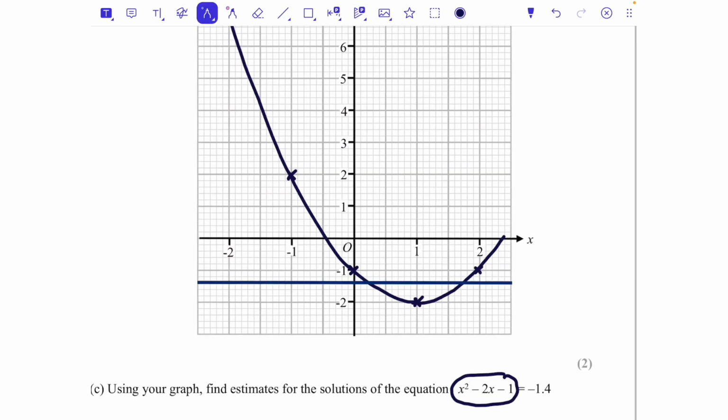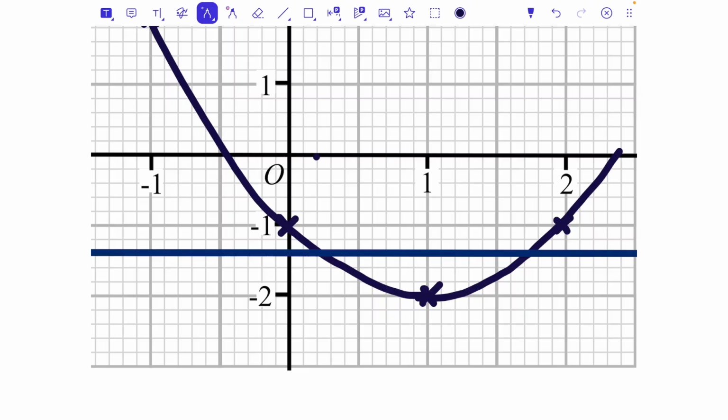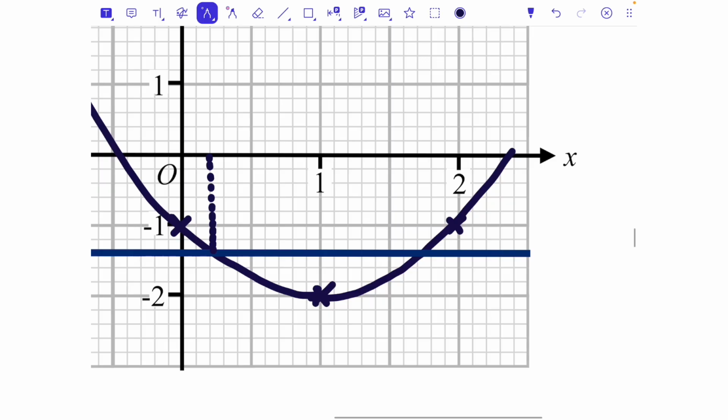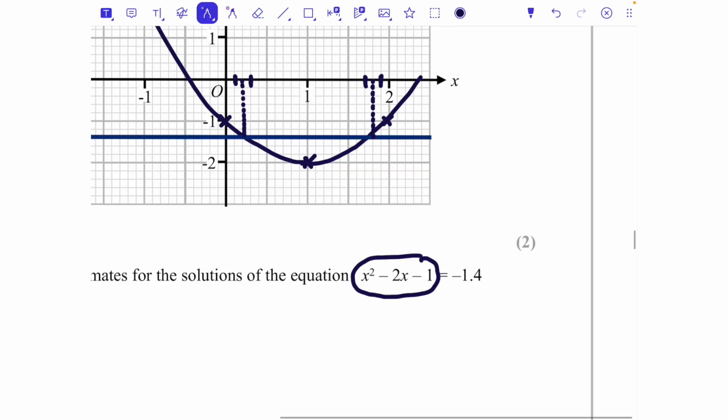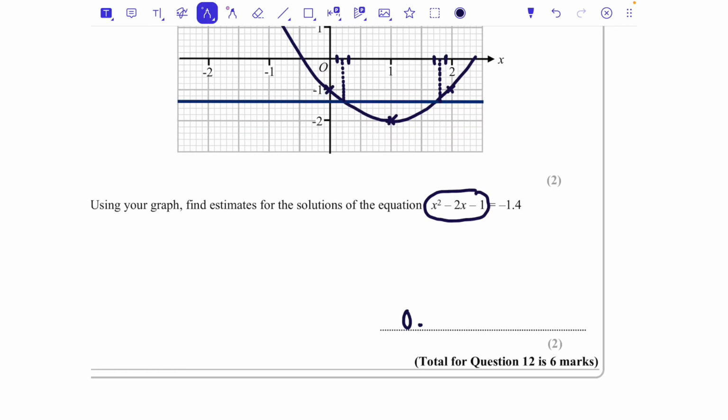And then we just need to look and see where that crosses the x-axis. So I've got there, and I've got there. Now I think for this I would accept a small range, let's say from 0.1 to 0.3, and for here let's say I would accept from 1.7 to 1.9. I've ended up in the middle of those, so let's go 0.2 and 1.8 would be my answers there.